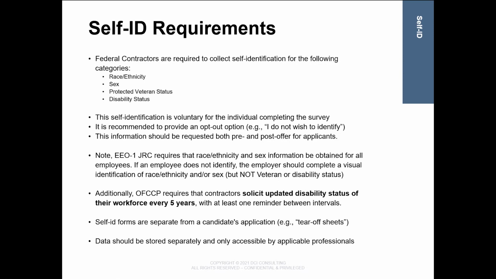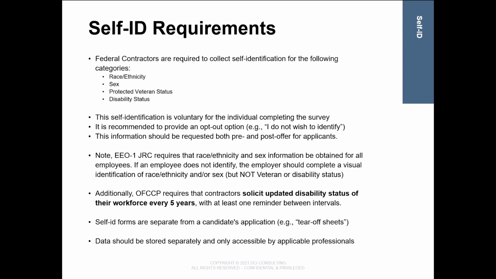This information should be requested both pre and post offer for applicants. As a note, the EEO-1 Joint Reporting Committee requires that race, ethnicity, and sex information be obtained for all employees. If an employee does not identify, the employer should complete a visual identification of race, ethnicity, and/or sex, but not for veteran or disability status.